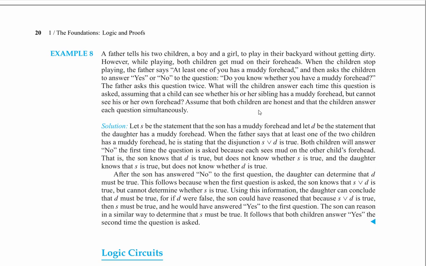So for the first question, if one child had seen that the other did not have a muddy forehead, then they would have been able to work out that their own forehead was muddy. So both answering no for the first question means that they can both answer yes for the second question, because they can work out that they must have a muddy forehead themselves.